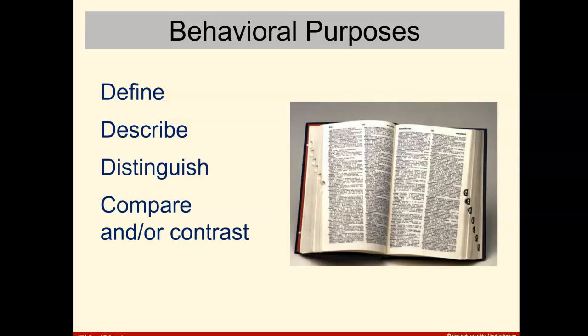The third type is a speech in which you distinguish between different things. This is very similar, I think, to a compare and contrast speech. You're distinguishing between two things. So you could distinguish the difference between a Samsung phone and an iPhone, or a Chromebook and an iPad.